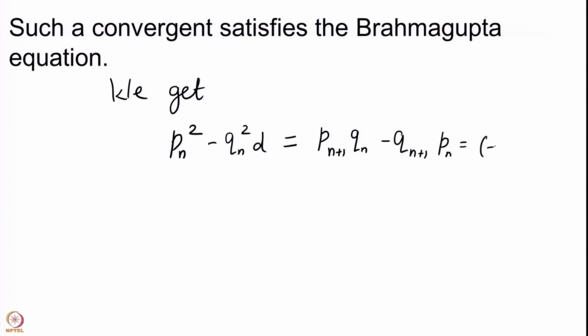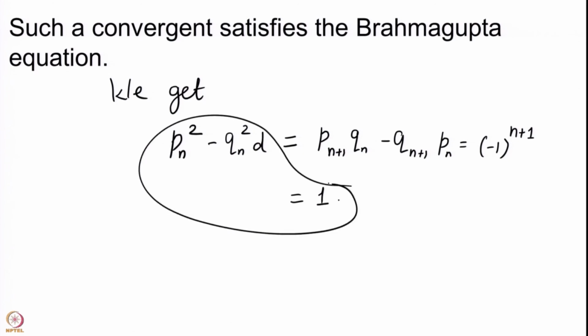Which we know is minus 1 to the power n plus 1, but n is odd and therefore n plus 1 is even, and so we get that this is equal to 1. So, indeed Pn and Qn does satisfy the Brahmagupta equation.